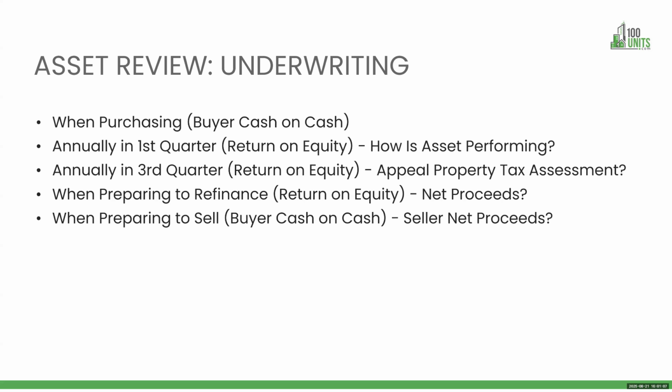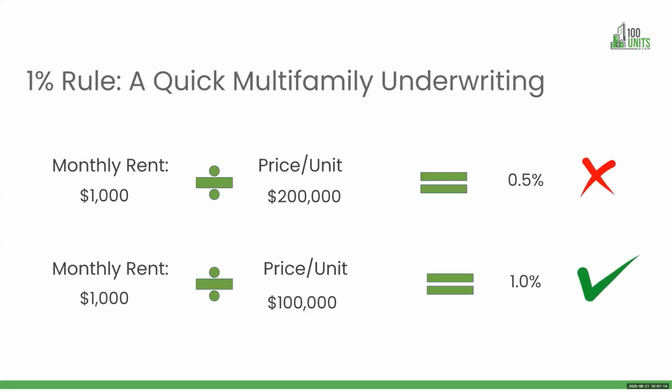Now, I made multiple social media videos promising I would give the quick and easy purchase underwriting. This is the super simple. If you got nothing else to go on, just look at how much the rent is and then look at the price per door. That is super basic, and it gives you at least a good starting point.